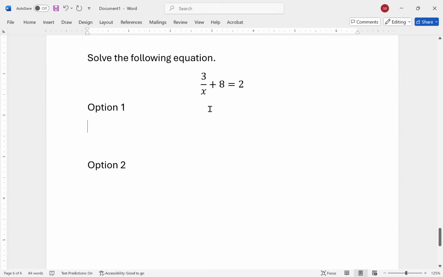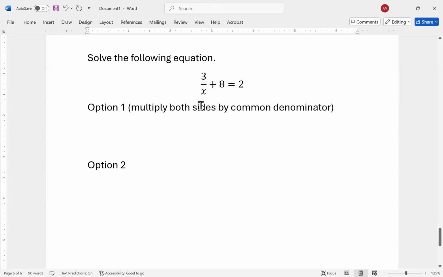So here's one option. Option 1 is to look at the denominators and look for a common denominator. I'm going to multiply both sides by a common denominator to begin with.